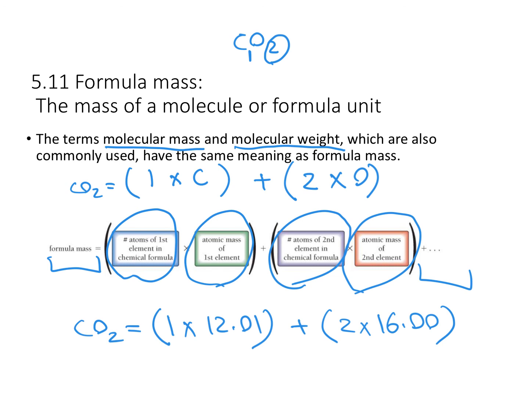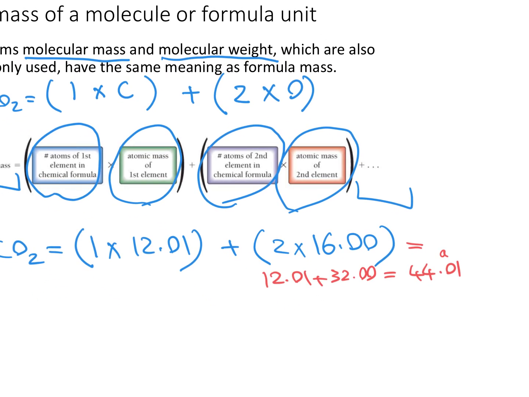Okay. And then you have 12.01 plus 32, which would be 44.01. And that would be in atomic mass units, or AMU. Any questions? Good.